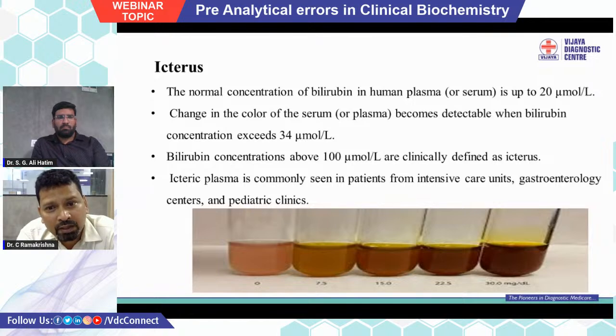If it is more than 100 micromoles per liter, then it is called icterus. Icteric samples are usually received from intensive care units, gastroenterology centers, and pediatric clinics.